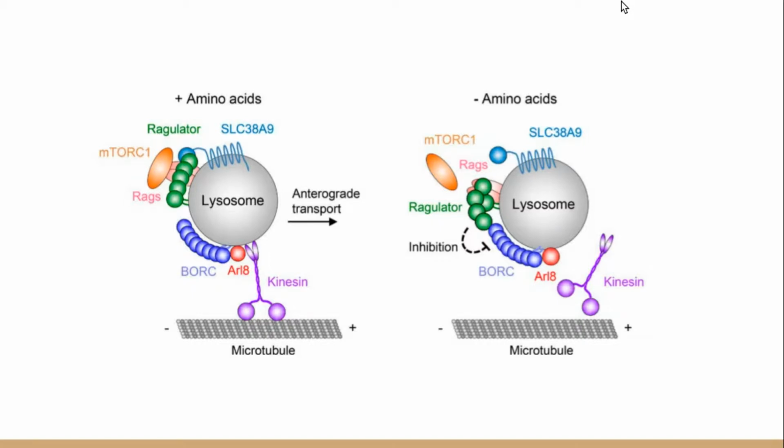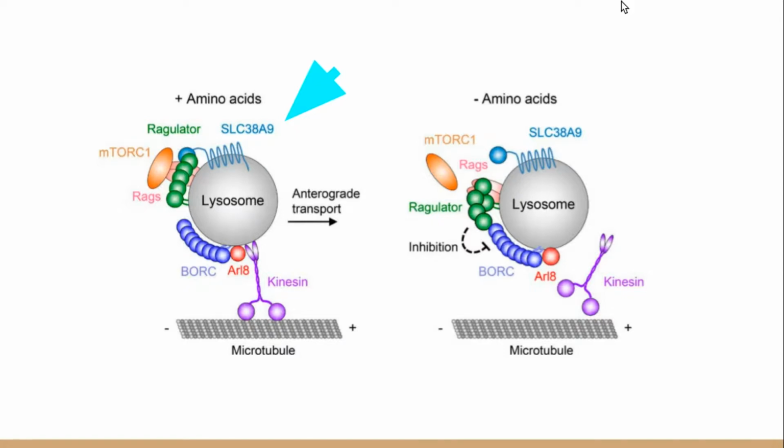Specifically, how do nutrients cause lysosomes to move from a state of starvation around the nucleus back to the cell periphery during normal conditions? The answer to this question lies in the Ragulator complex, which is able to sense amino acid levels through the SLC38A9 amino acid transporter.